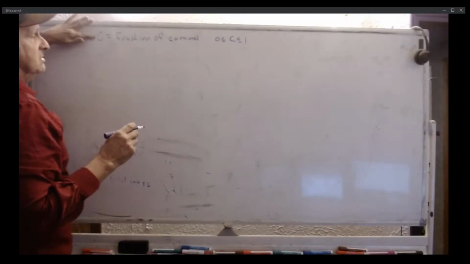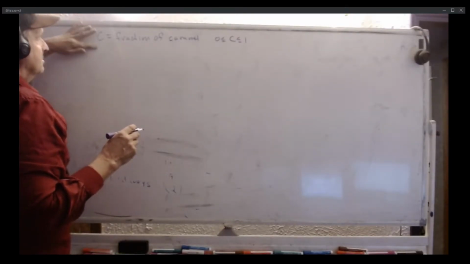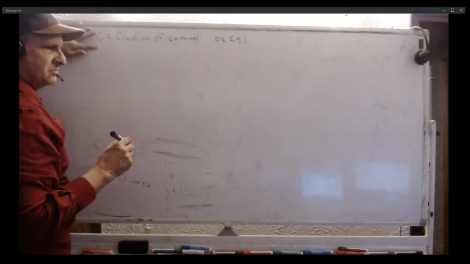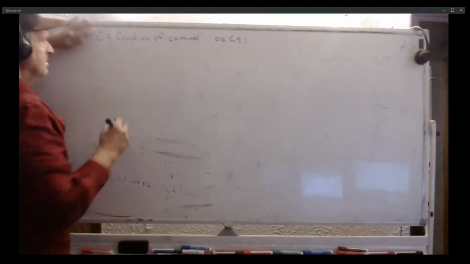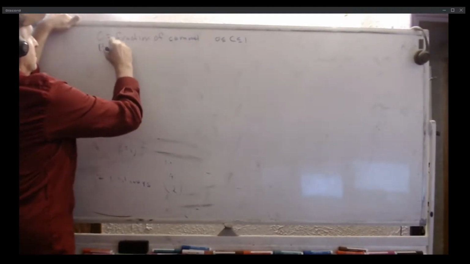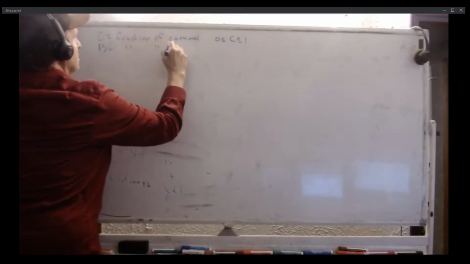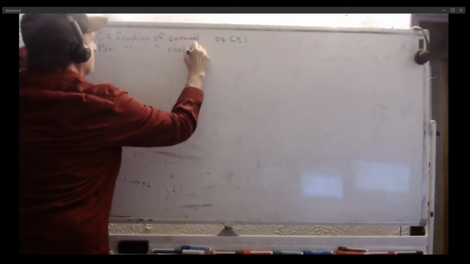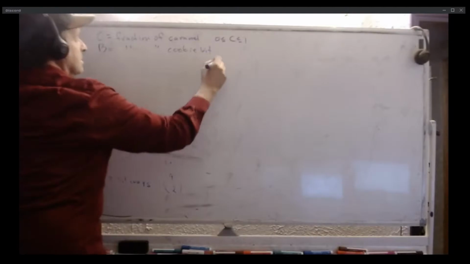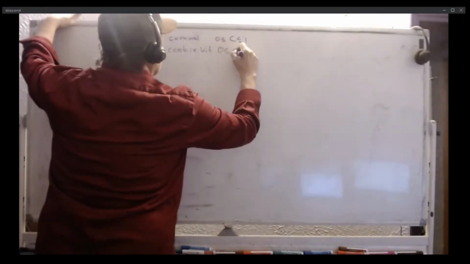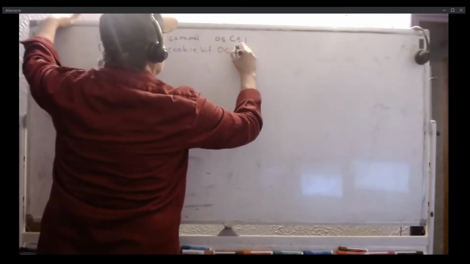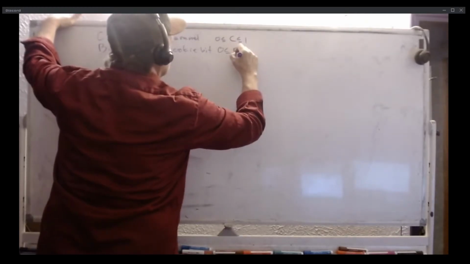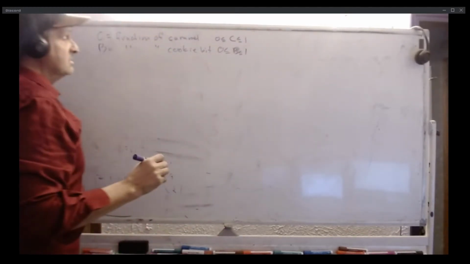So, C was the fraction of caramel. The next one was cookie or something like that. Was it B? Yeah, it was B for cookie bit. And we said 0 less than or equals, not B, but C. Not C, but B. Yes, no, guys?